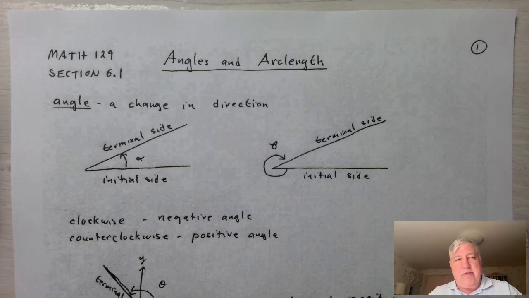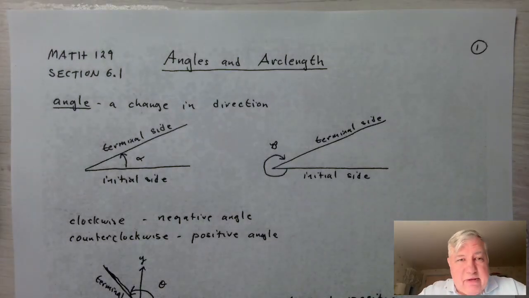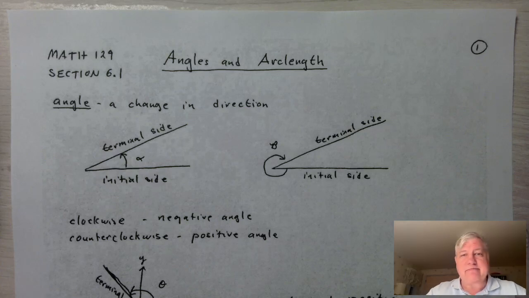So basically, you can think of an angle as taking a certain line segment and rotating it around one of the points, and we get another line segment. Call the first line segment the initial side, and the last one the terminal side.